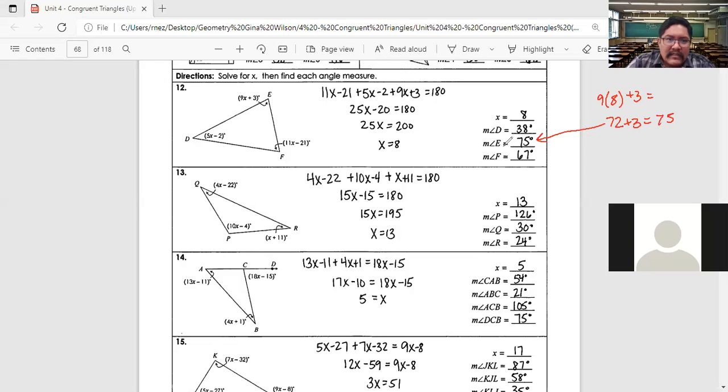I plugged it in to E, and then I do the same for D. So 5x, but instead that'd be 5 times 8, which would be 40 minus 2. So that would be 38 degrees. Plug it into the last one here, angle F, and we get 67.